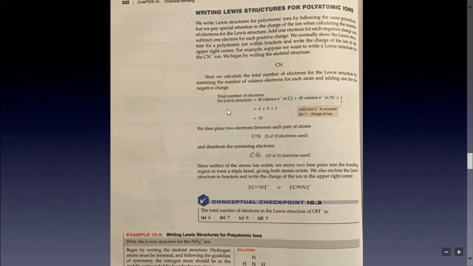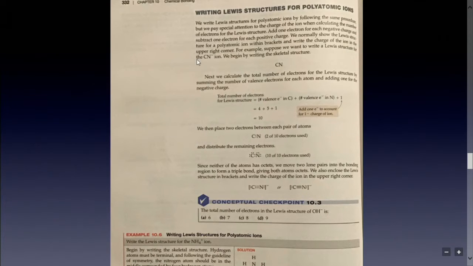Remember, you're first going to calculate how many valence electrons you are working with. Well, the formula is just CN, so how many valence electrons does carbon have? 4. How many does nitrogen have? 5. So 4 plus 5 is 9, but we need to add one more because cyanide has a negative charge.